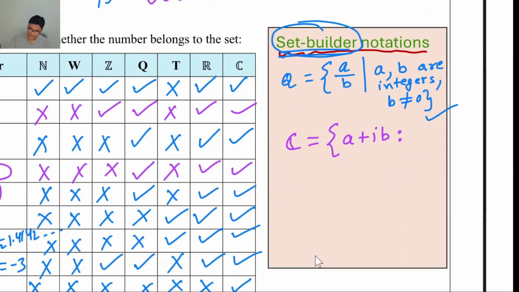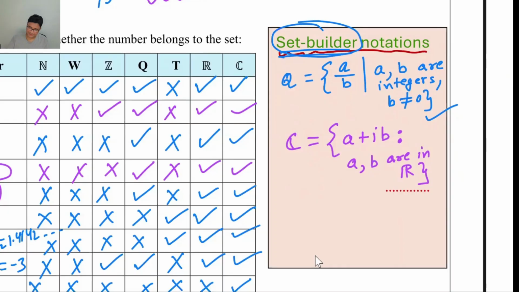Such that, as I said, colon is also used for such that, a and b are, this time I'm going to use this way of writing, in R, which means a and b are real numbers.